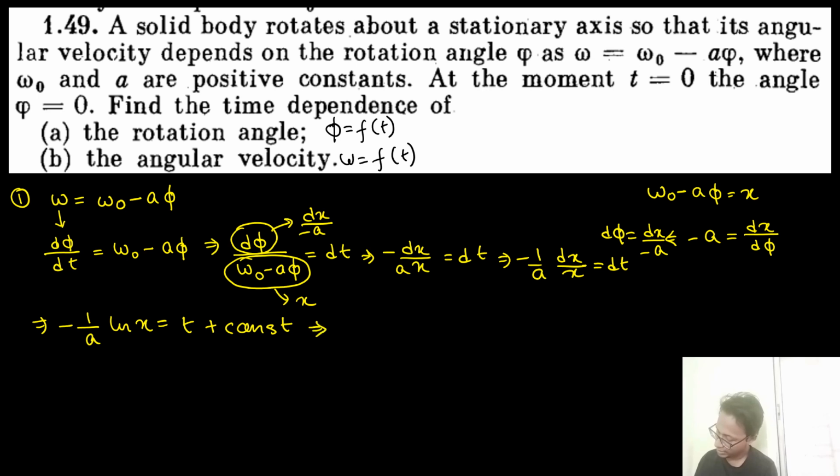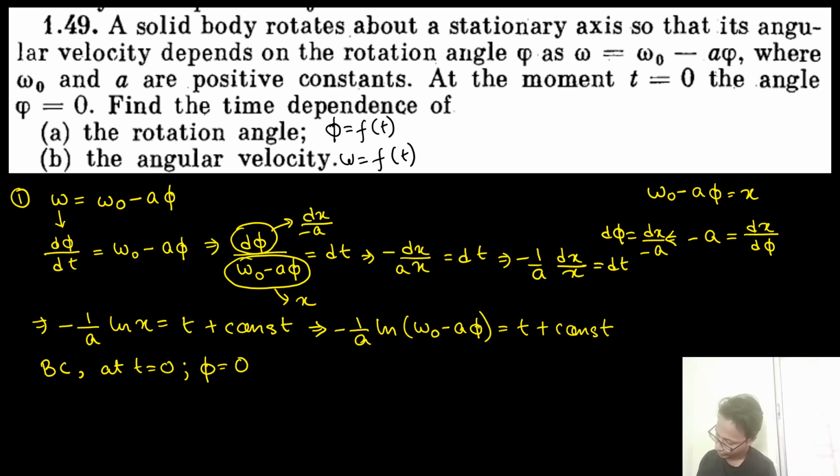If we expand the value of x, what was the initial value of x? The value of x was nothing but omega naught minus a into phi. So minus 1 by a ln of omega naught minus a into phi is equal to t plus some constant. Now applying the boundary condition: at t is equal to 0, phi is equal to 0.